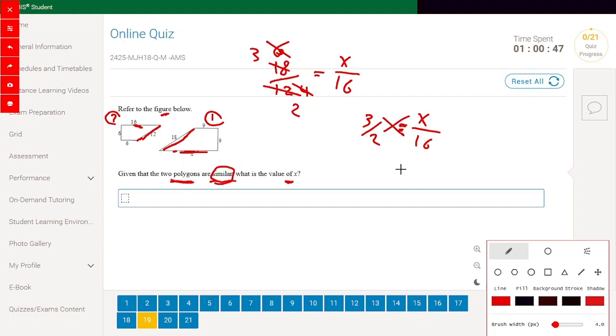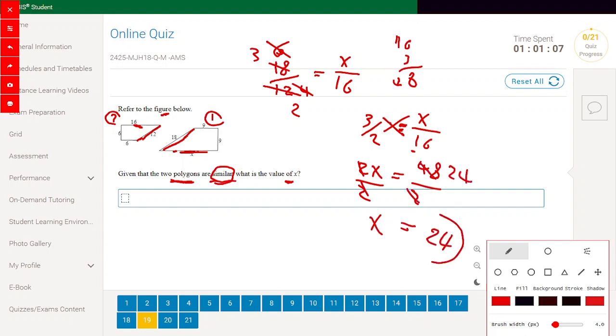So let's make cross multiplication. So 2x will be equal to 48, because 16 multiplied by 3 is 48. So here divide by 2, divide by 2. So x will be equal to 24. So here the x will be equal to 24.